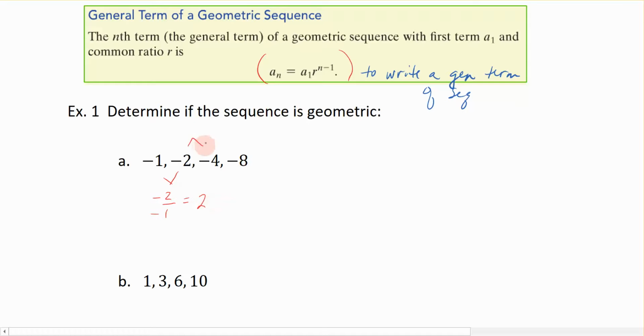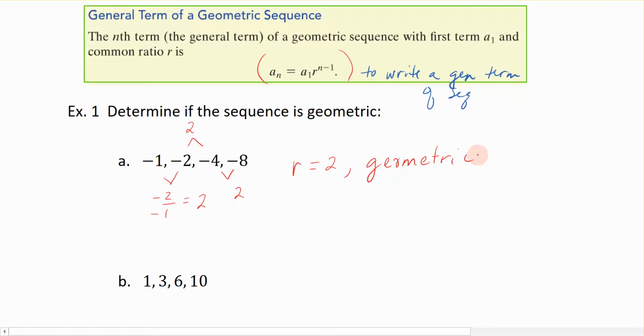If I did the same thing here, -4 divided by -2, again would be 2, and these two would also give me a 2. Because there is a common ratio of 2 between these numbers, we can conclude that it is a geometric sequence. I'm trying to spell geometric for you. There we go.